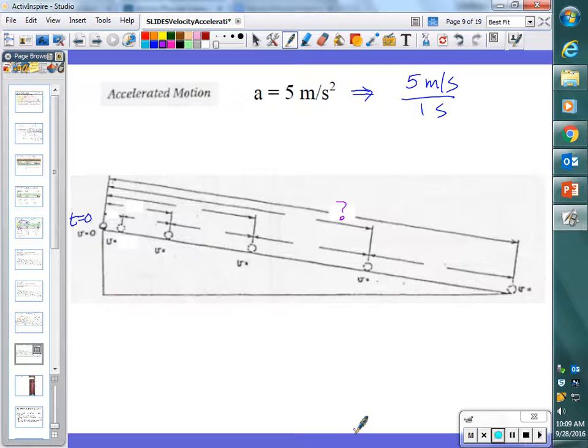So with that being said, let's go through the process. 1 second after we let it go, how fast will it be going? What will be the instantaneous velocity 1 second after we let it go? 5 meters per second. 2 seconds after we let it go, instantaneous velocity will be 10. 3 seconds, 15, 20, and 25.